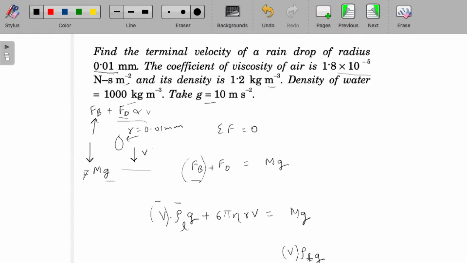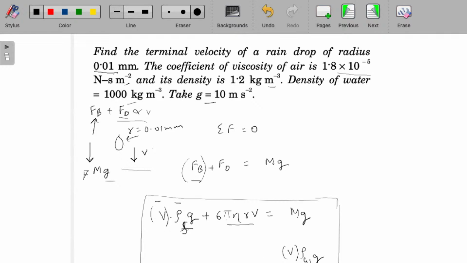So it's not liquid essentially, but it is water specifically, because here water becomes the object and the liquid or the fluid here becomes the air. So the equation for the dynamic equilibrium is this.